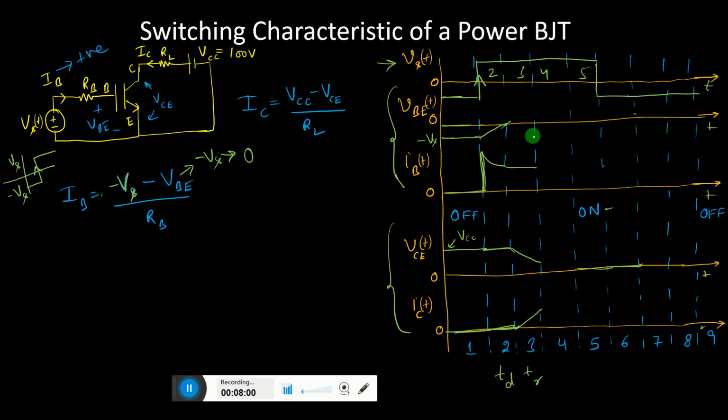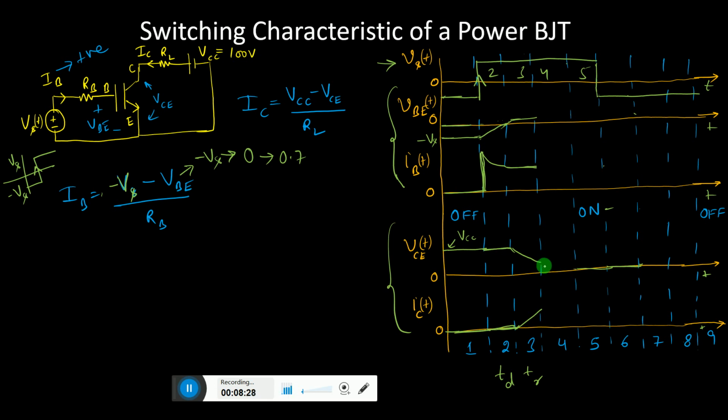Other things will remain like this, and this VBE will now go to the forward voltage drop of about 0.7, and this drop will exist. So obviously there will be a little bit of drop in the current, otherwise it's nearly the same. And in stage 3, there is a rise of the collector current and a fall of the collector-emitter voltage.